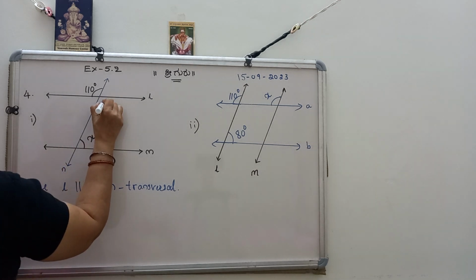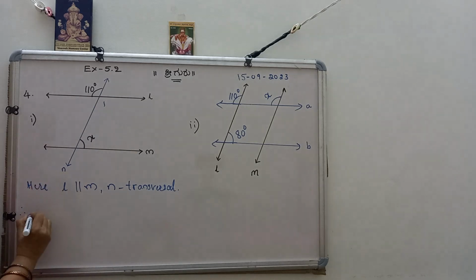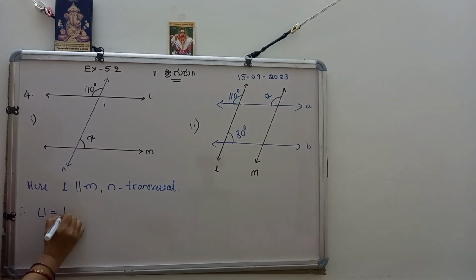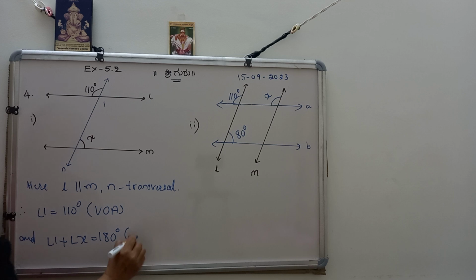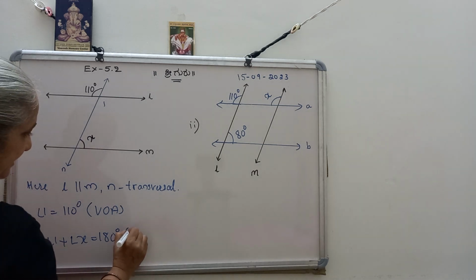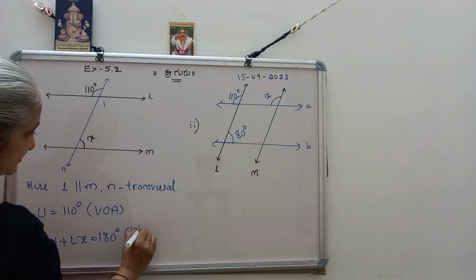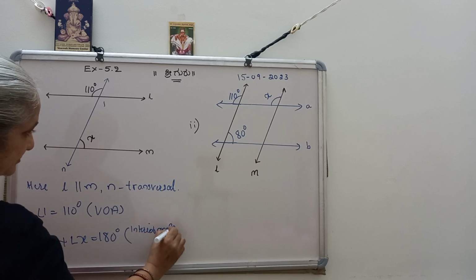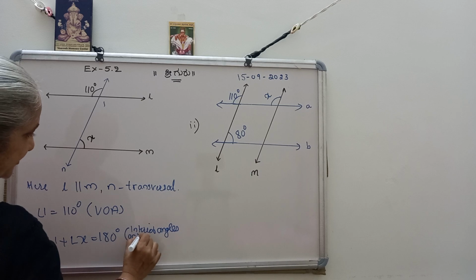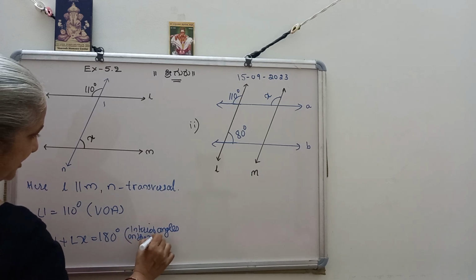Let us say this be angle 1. Angle 1 is equal to 110 degrees, vertically opposite angles, and angle 1 plus angle x is equal to 180 degrees. Interior angles on the same side of the transversal are supplementary.